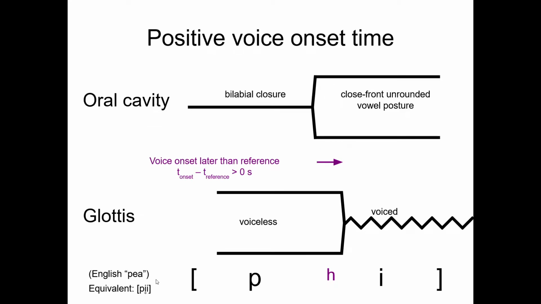In some narrow transcriptions, you'll actually see it transcribed that way. But this is what we call aspiration. We can also call it positive voice onset time because our onset time is a higher time value than our reference time. So when we subtract them, we end up with a positive number.